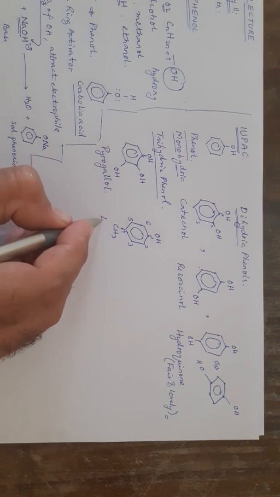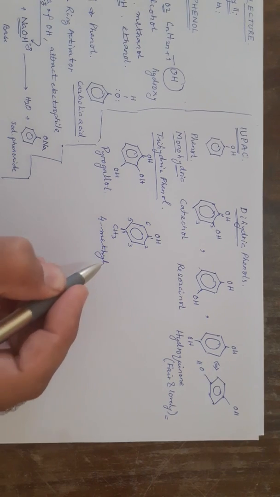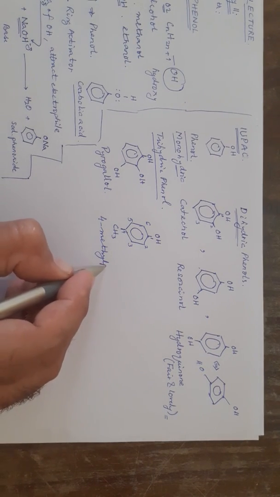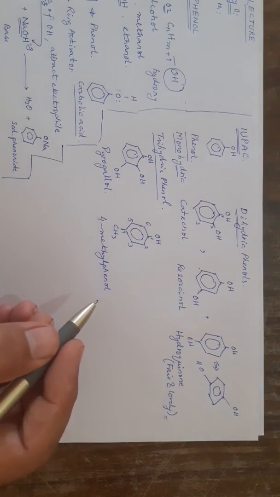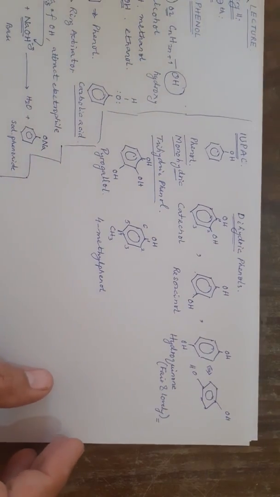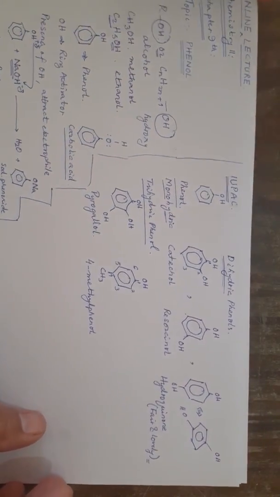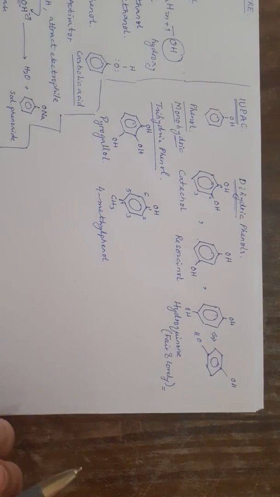Now it's called 4-methylphenol. There's no gap here, so 4-methylphenol. This is very simple. Just as in the naming of alkanes, we just number the ring rather than the chain, and we can simply name it.